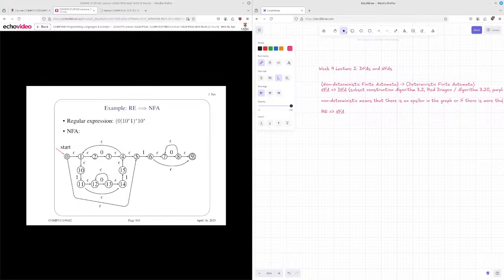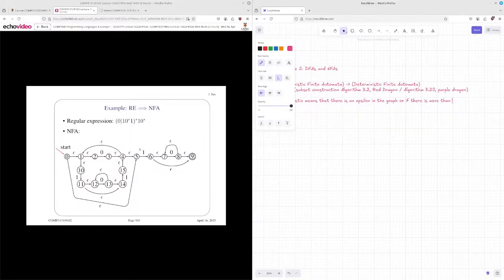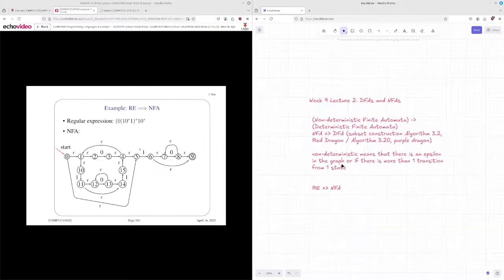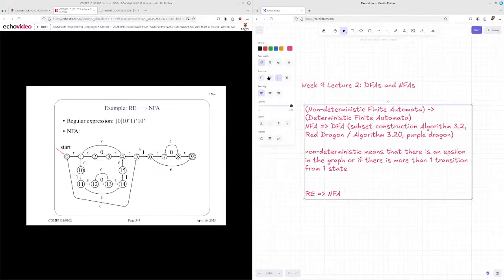If you have another transition from 5, let's say to 15, on the same input 1, that's also not deterministic. This is what we learned in the second lecture. But whether you remember that or not really doesn't matter. So the point is, here is an NFA, and we don't like it.